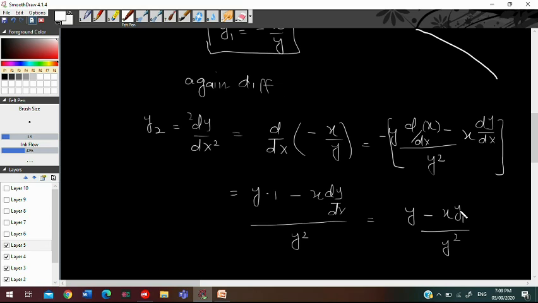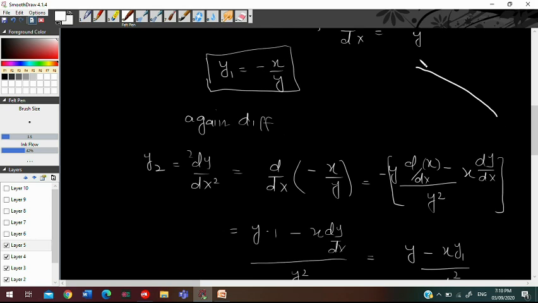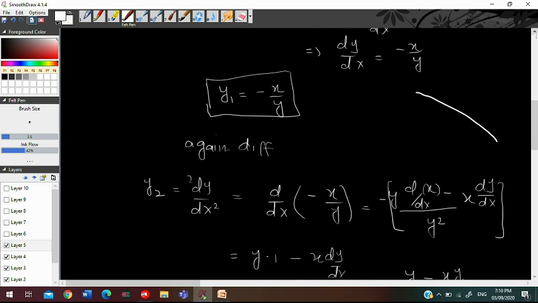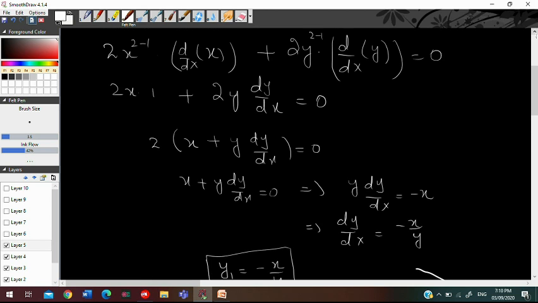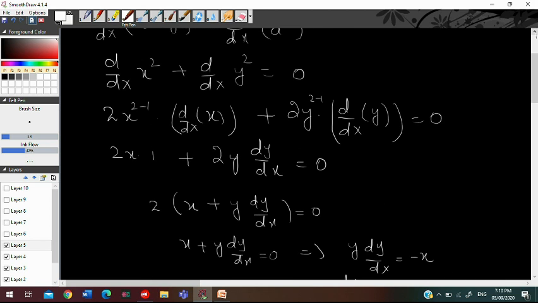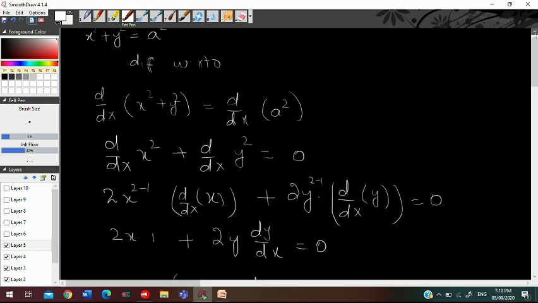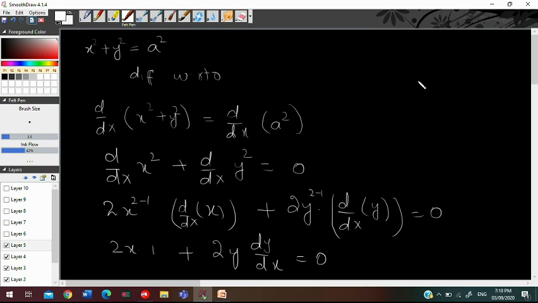y1, you see that y1 is equal to minus x by y, and y is equal to, the question is, your actual question, and that here we have y is equal to, sorry, that is on another page.